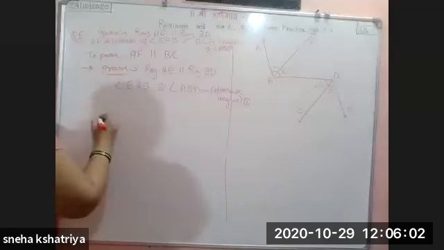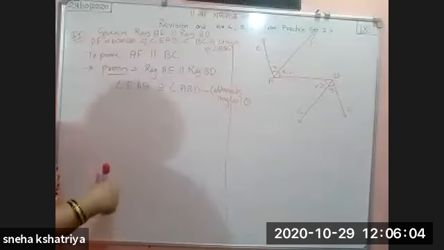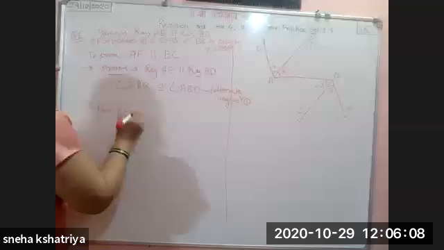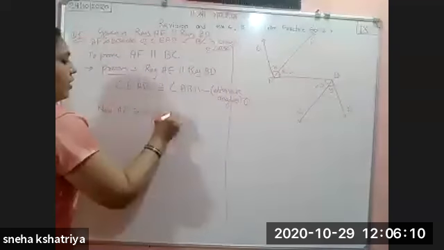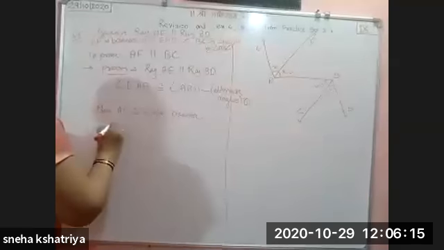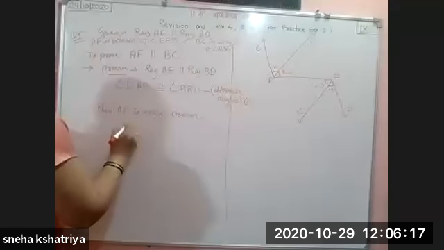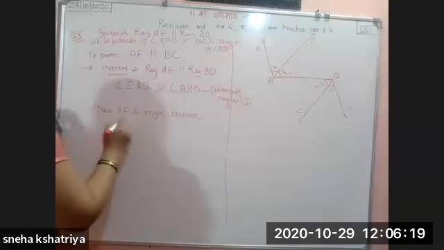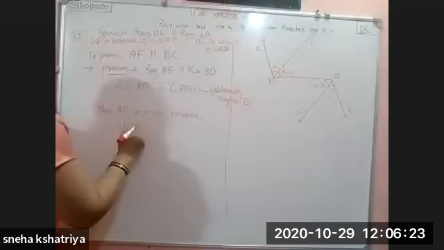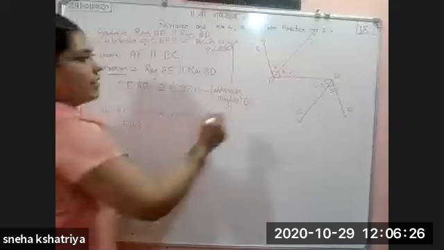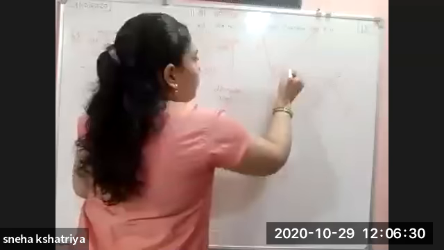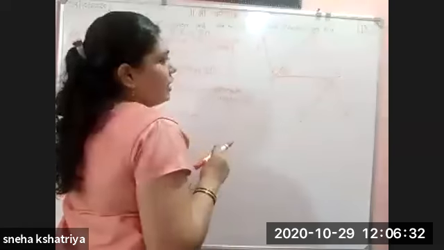Now what is AF here? AF is the angle bisector. Therefore, angle FAB. We need only this angle, so we have to think about this angle.